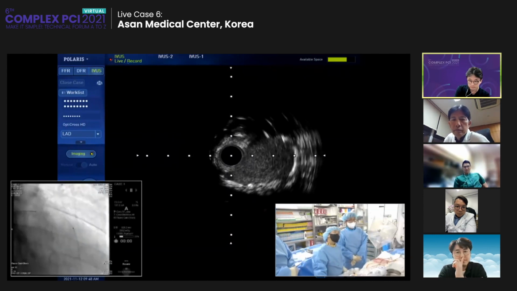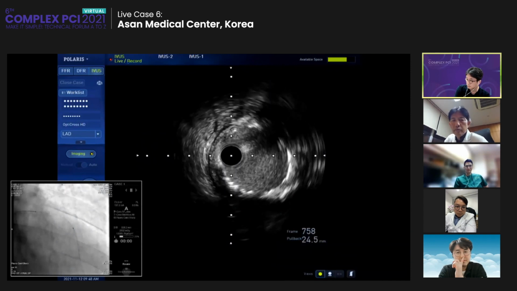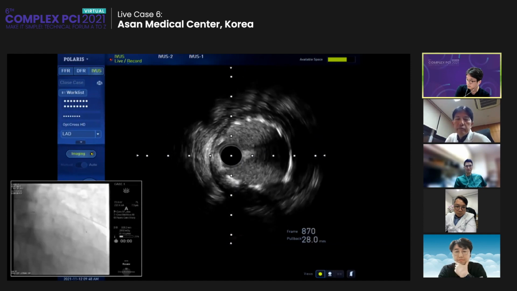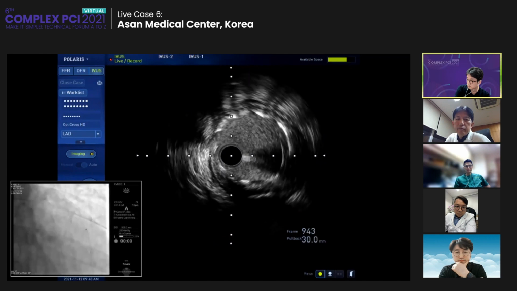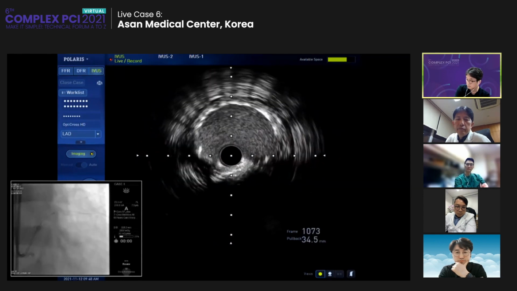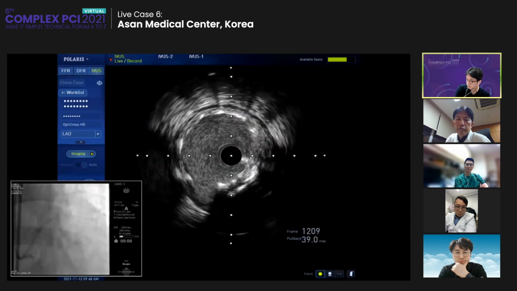There's acoustic shadowing because of superficial calcium, but the relative expansion of the stent is good. Maybe in this portion the vessel is a little bit big, but I think it's acceptable, right?